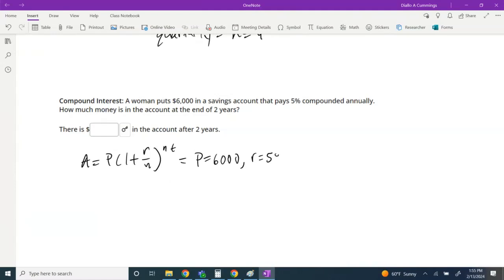R is equal to 5%, and if we change 5% to a decimal, we have 0.05. N is going to equal 1, right? Because it's compounded annually, N is equal to 1. And T is going to equal 2.